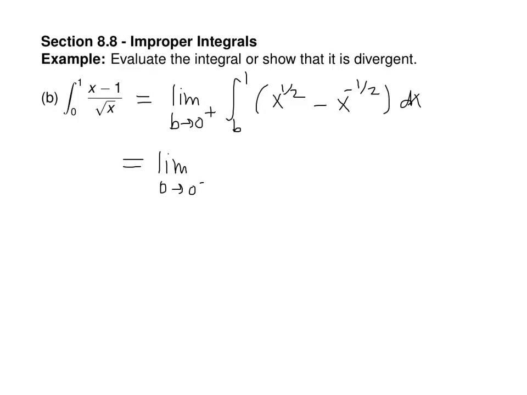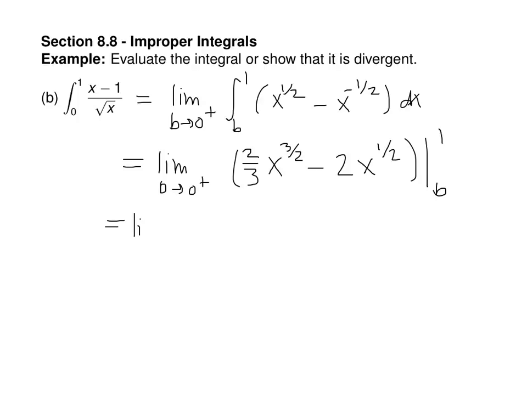Now let's antidifferentiate. The antiderivative of x to the 1/2 is x to the 3/2 times 2/3, minus x to the negative 1/2 will be x to the 1/2 times 2, evaluated from b to 1.